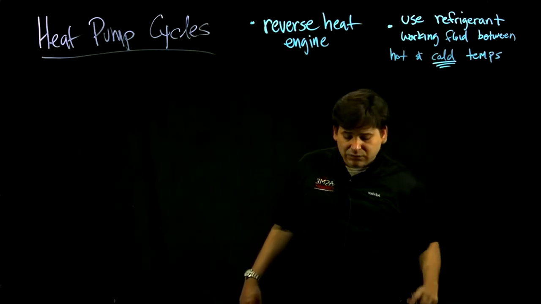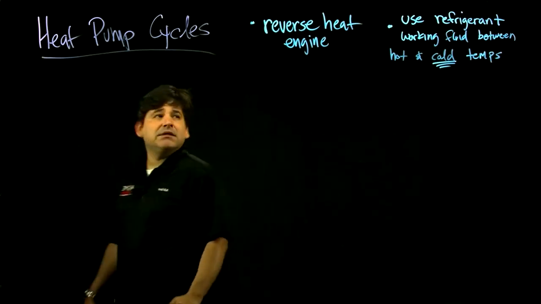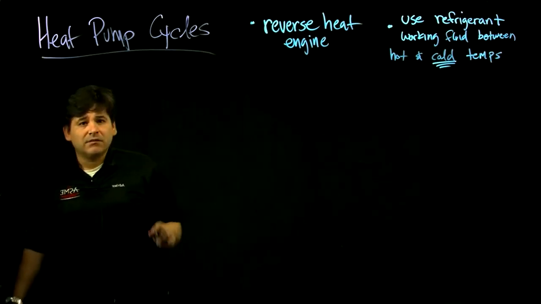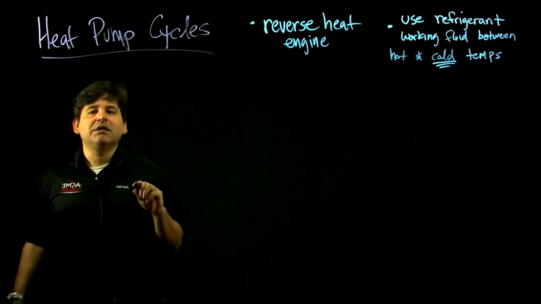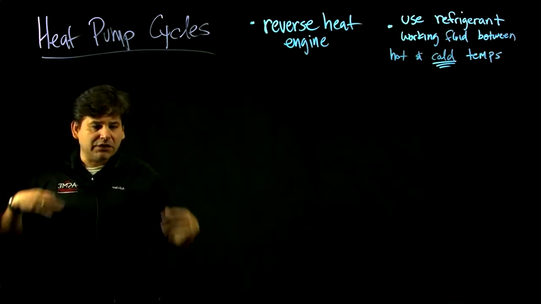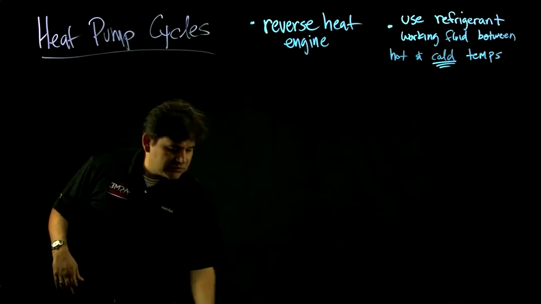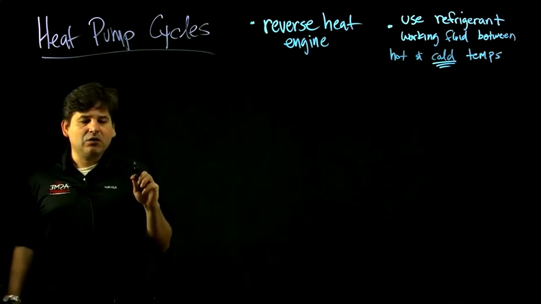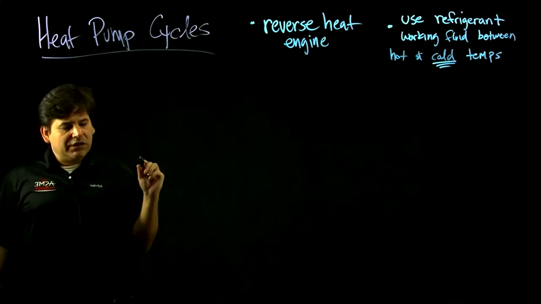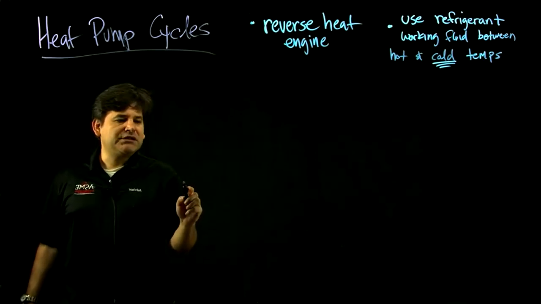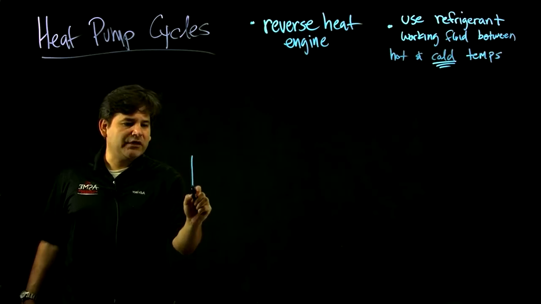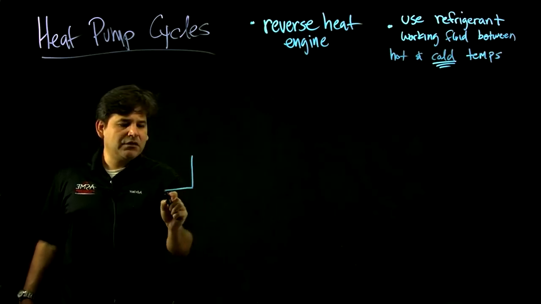And so what's happening for this heat pump, similar to a refrigeration cycle, is you have a high temperature branch and a low temperature branch. And then you have to put mechanical work in. So let's show the low temperature branch first, which is the same as a refrigeration cycle.